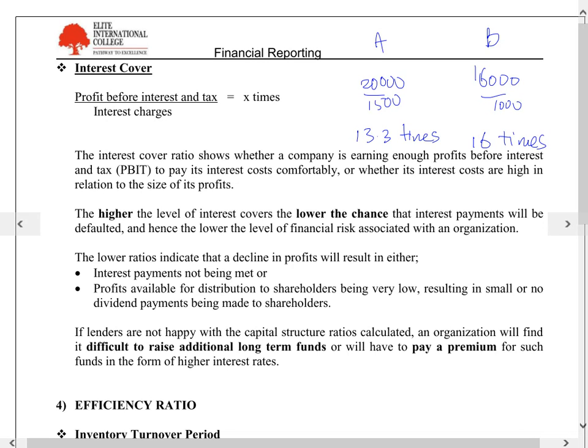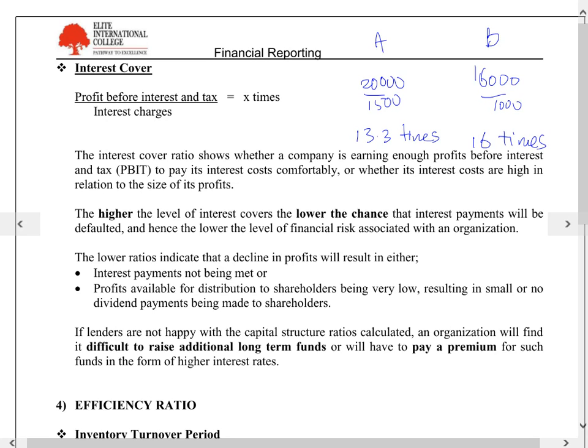This is PBT, my profit. My interest is 1. 16 times means my profit that I made is able to pay 16 times my interest. Whereas A, the profit made is able to pay 13 times the interest. So in terms of ability to service the interest will be company B.